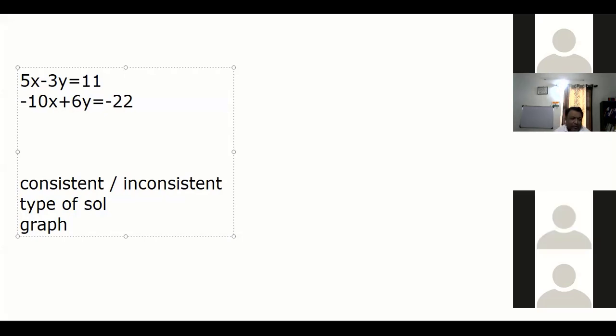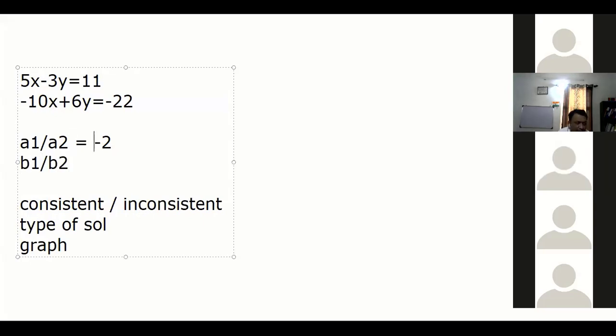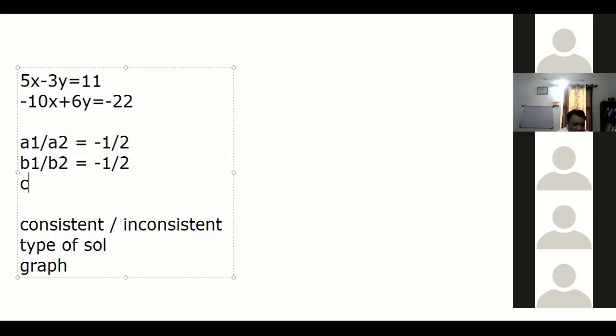Very easy, right? So first of all the ratio, क्या आ रहा है देखो, a1 by a2 we are getting as -2. Okay, b1 by b2, you are right, minus, अगर मैं उसको उल्टा किया but you are right. b1 by b2 is -1 by 2 again, and c1 by c2.